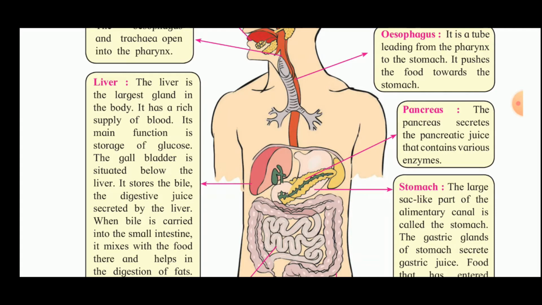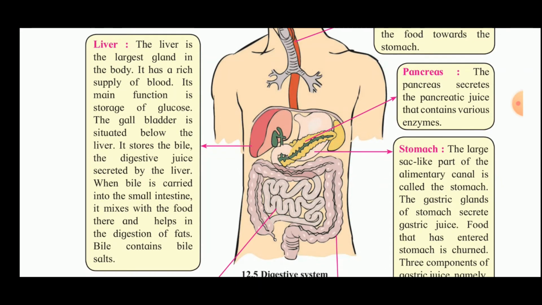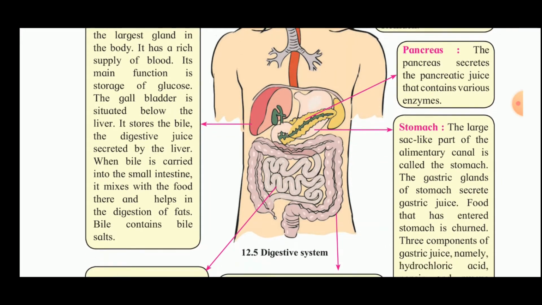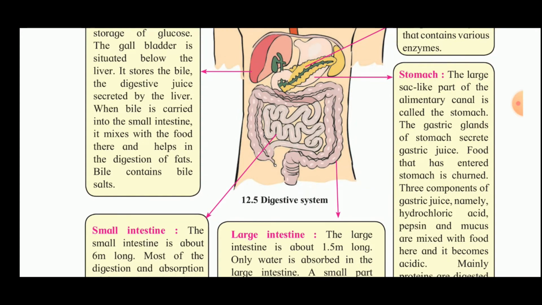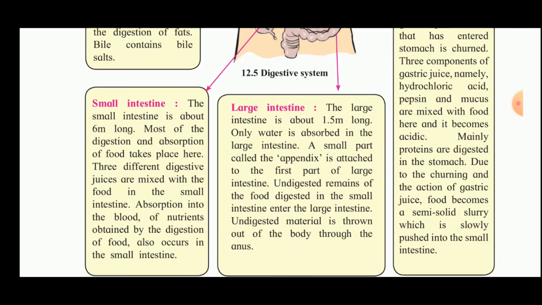The gallbladder is situated below the liver. It stores the bile, the digestive juice secreted by the liver. When bile is carried into the small intestine, it mixes with the food there and helps in the digestion of fats. Bile contains bile salts. The next is the small intestine.